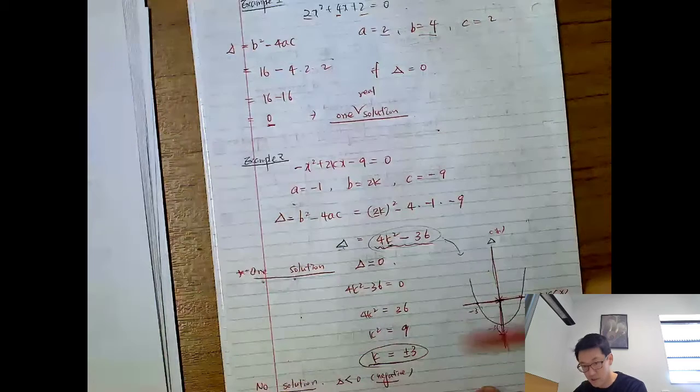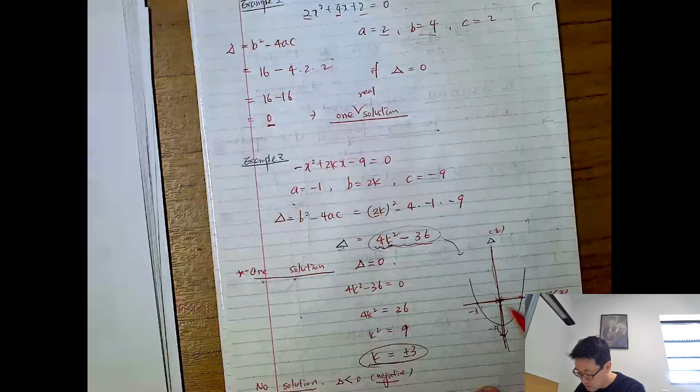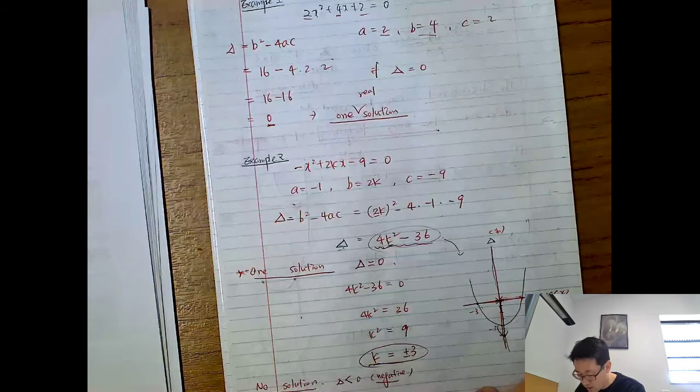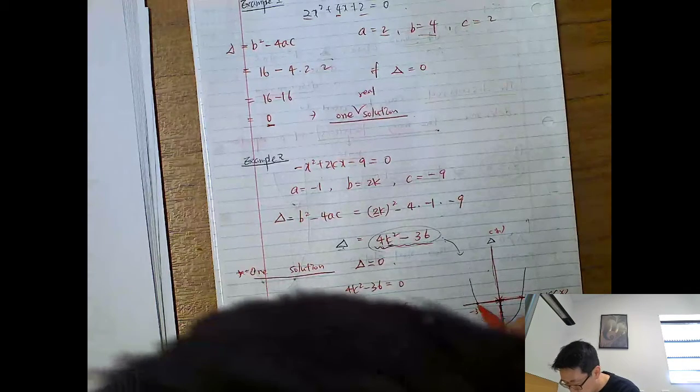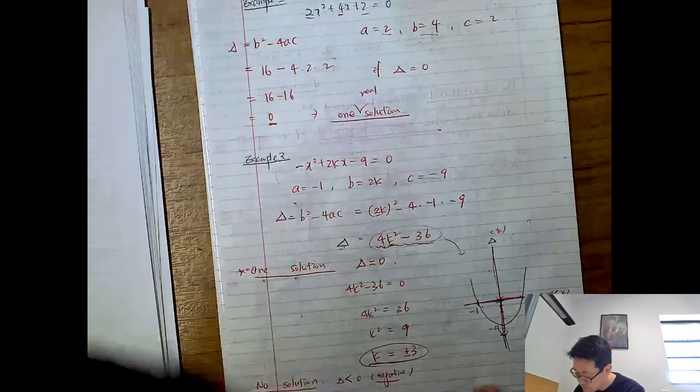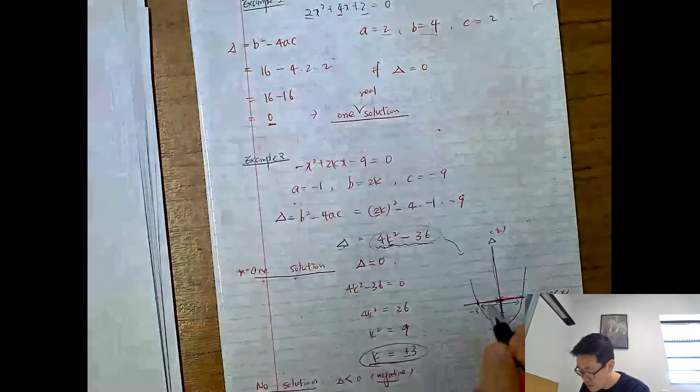The whole part is smaller than 0: minus 1, minus 2, minus 3, minus 4. When do we have that value? When k is between minus 3 and 3, isn't it?